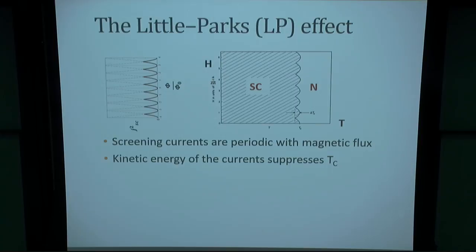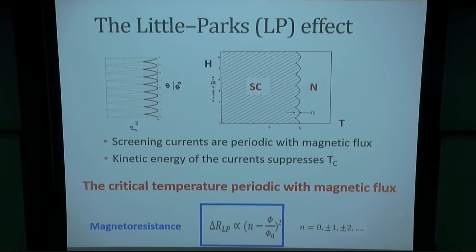And of course, this is closely related also to the magnetoresistance, which in the Little-Parks effect is just proportional to (n minus Φ over Φ0) squared. That's the physics of the parabolic magnetoresistance in the Little-Parks effect. The physics is oscillations in TC, due to these oscillations in the screening current.